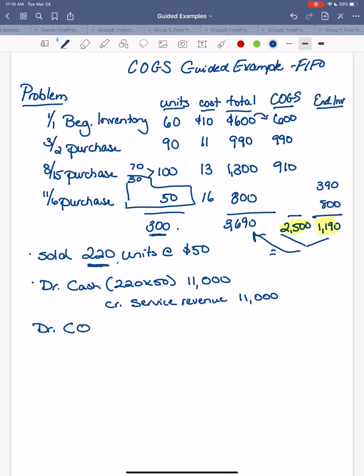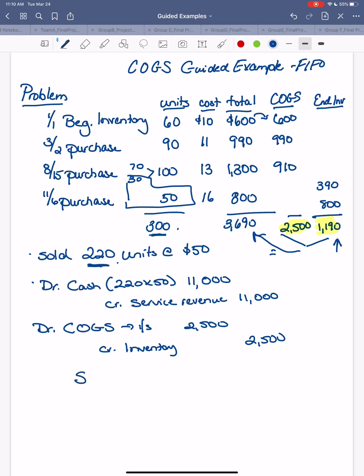So I'm going to debit cost of goods sold, which remember is on the income statement, for the $2,500 I calculated above, and I'll credit inventory for $2,500. Right? So if I had 3,690 in my inventory, I've now reduced it by the 2,500, leaving that ending inventory of 1,190.